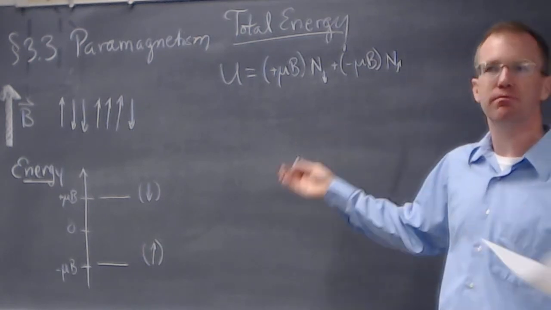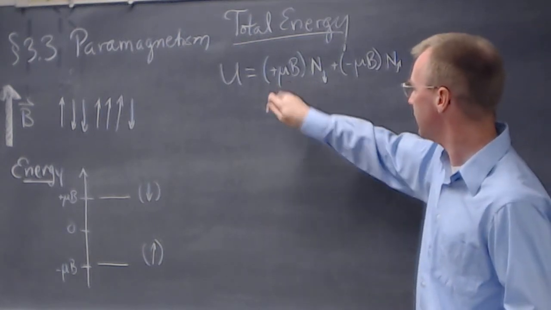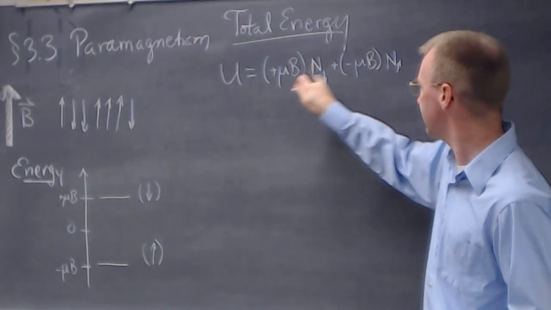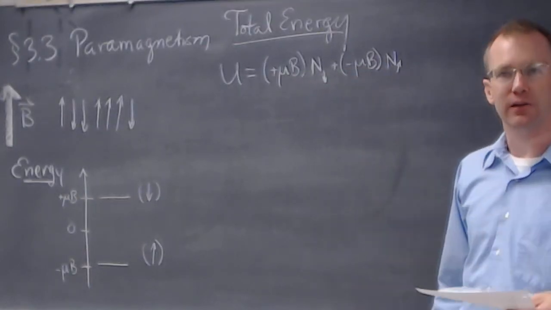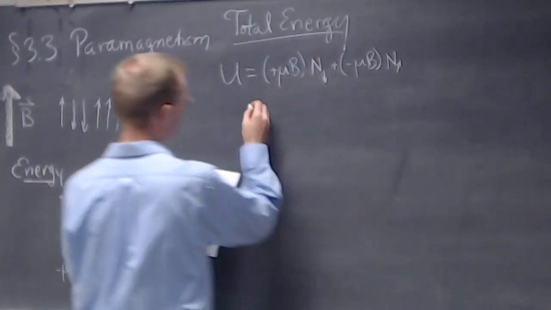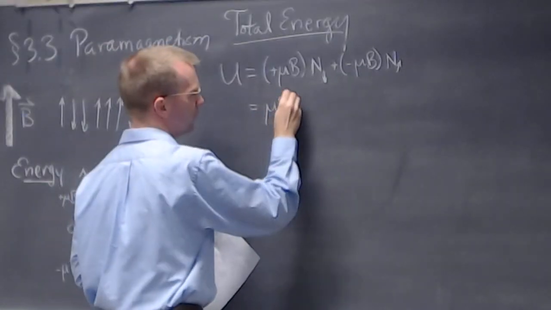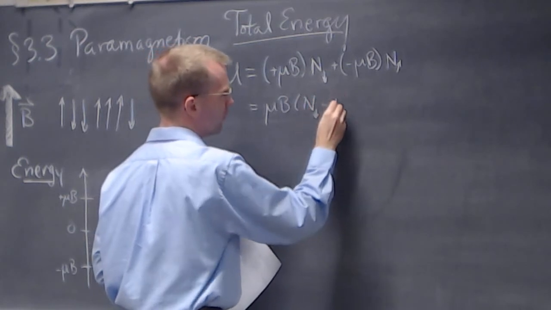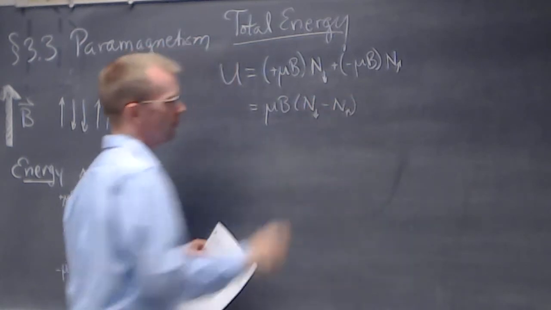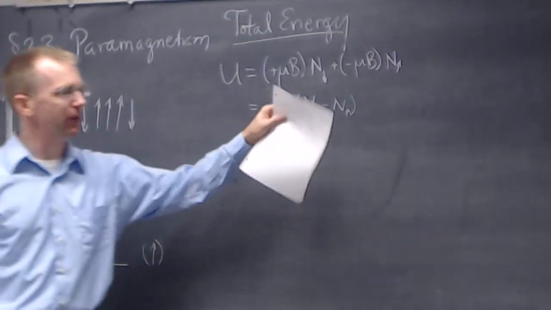So this is simply adding them all up. We've got this many in the down state times the energy of the down state plus this many in the up state times the energy of the up state. And we can simplify this. We can factor out a μB, and so now we have μB times the number down minus the number up.